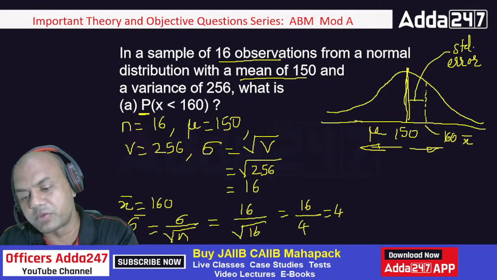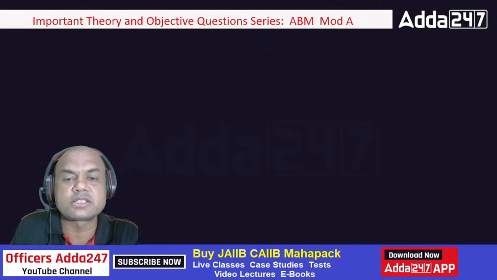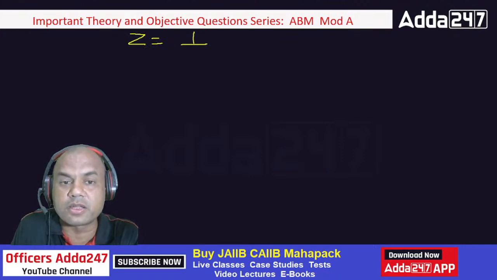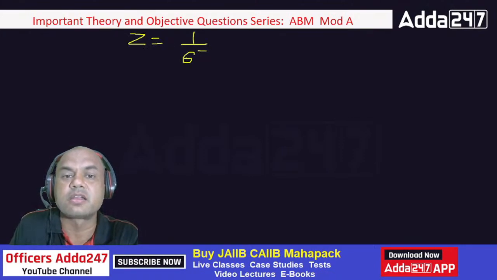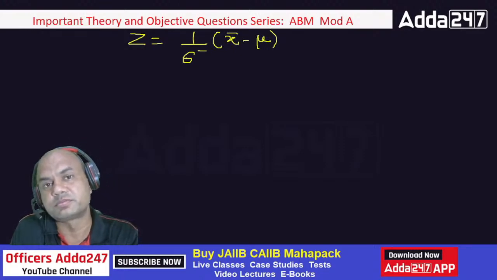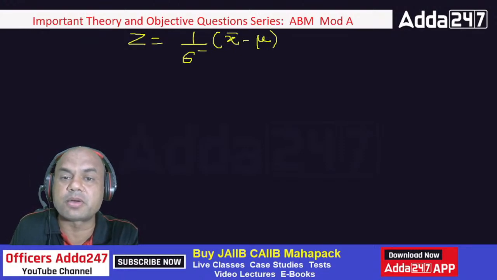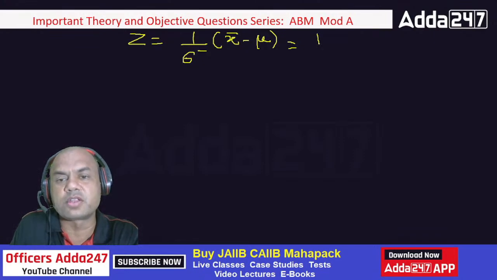So now we find out Z. This Z factor is known as Z. What is the formula for Z? The formula for Z is 1 upon psi bar, the standard error, into X bar minus mu. This is my Z value. I've got this psi bar as 4.